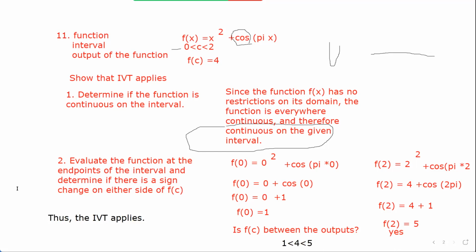Now, do you understand everything on the screen? Yes, I do. Now we're going to actually apply it. What is it that we want to do? We want to find the value of c that gives us 4, right?